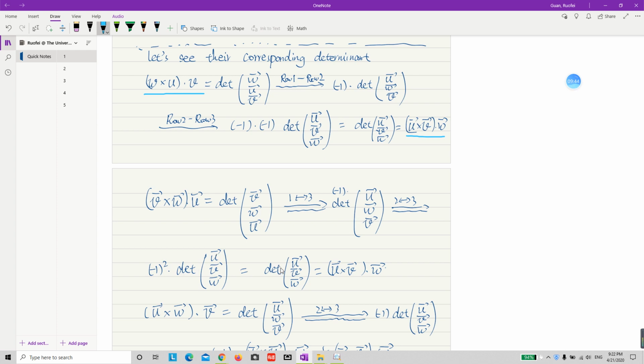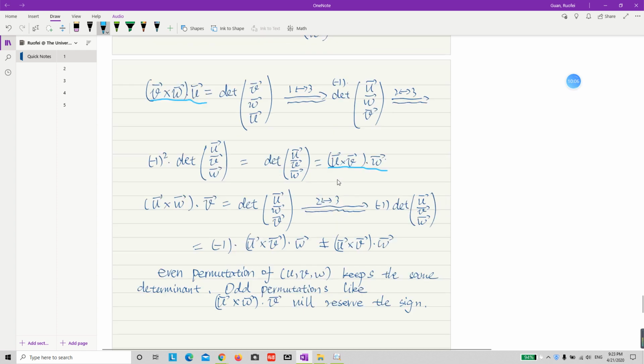It equals determinant UVW, which equals U cross V dot W. Okay, so we get V cross W dot U equals U cross V dot W. These two triple products equal each other.